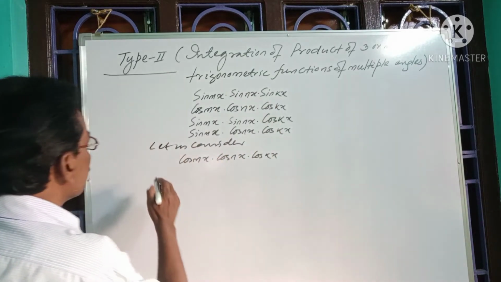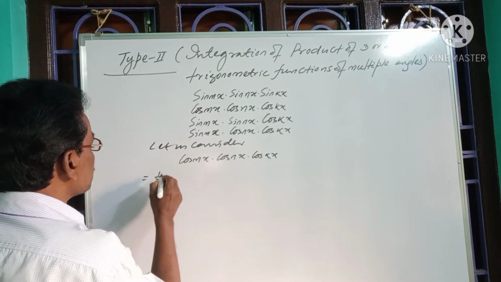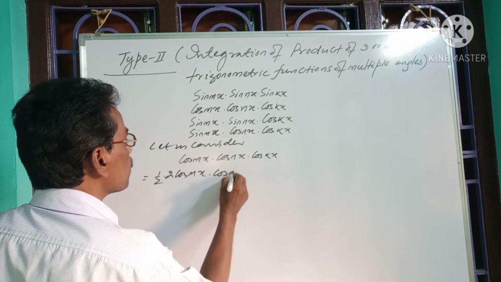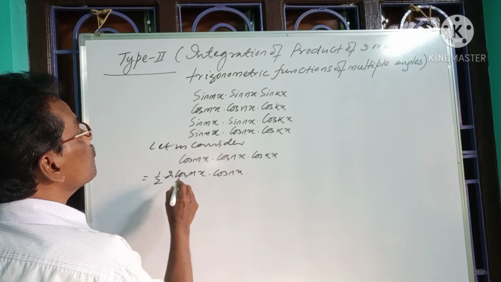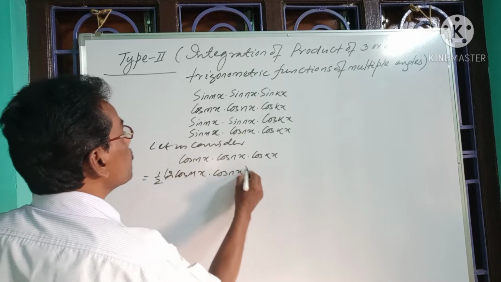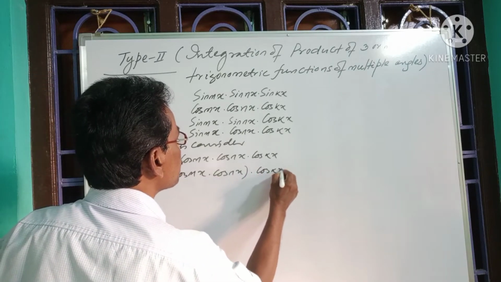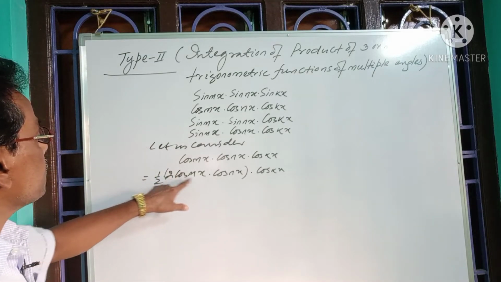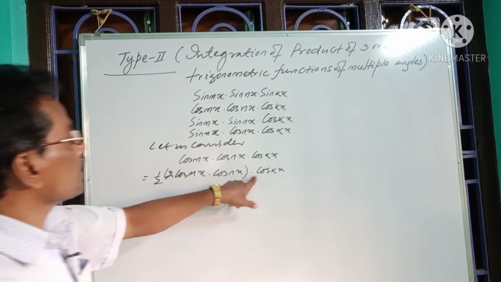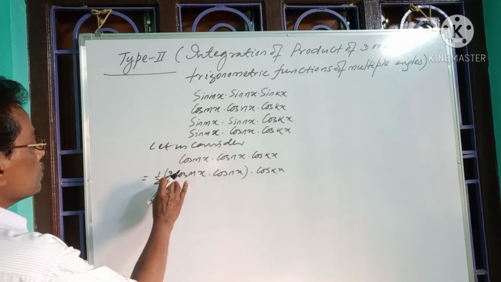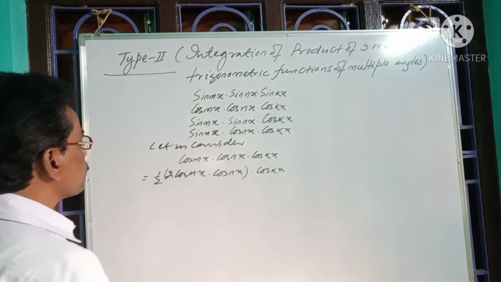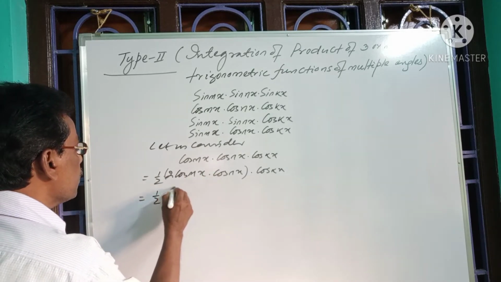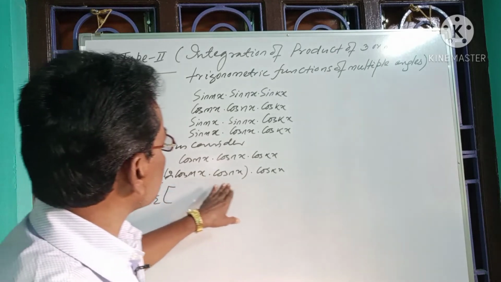Let us multiply by half and 2, that is half into 2 into cos mx into cos nx into cos kx. Now 2 cos mx into cos nx is in the form of 2 cos a into cos b, so it can be transformed into half into cos of a plus b plus cos of a minus b.